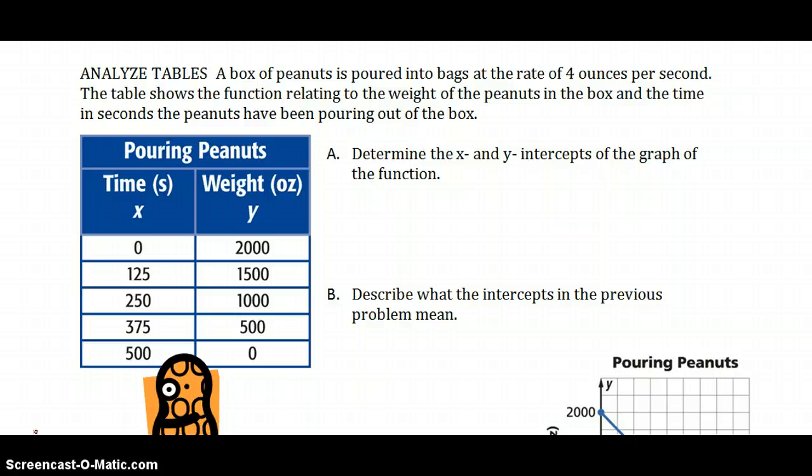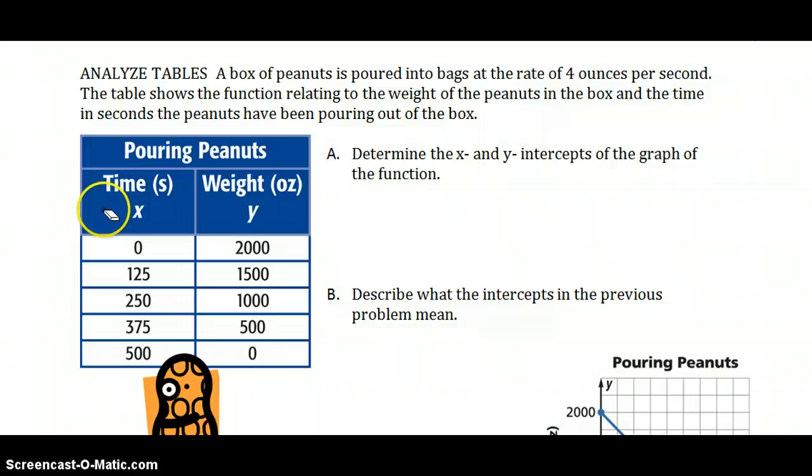Okay, our next problem says let's analyze this table. A box of peanuts is being poured into bags at a rate of 4 ounces per second. The table shows the function relating to the weight of the peanuts in the box and the time in seconds the peanuts have been pouring out of the box.